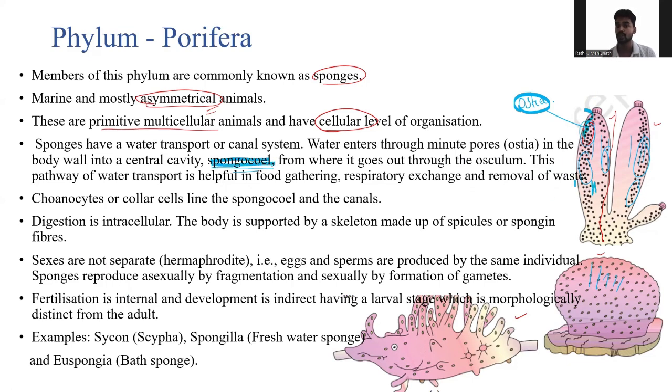Now from the spongocoel, the inner body cavity, it comes out through the osculum.